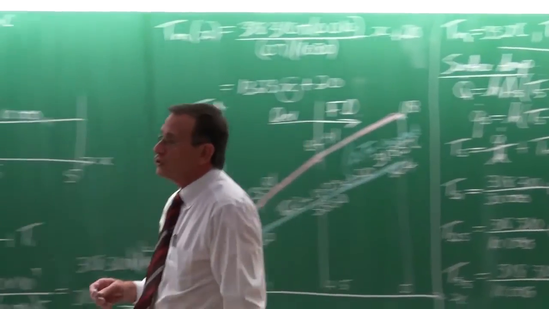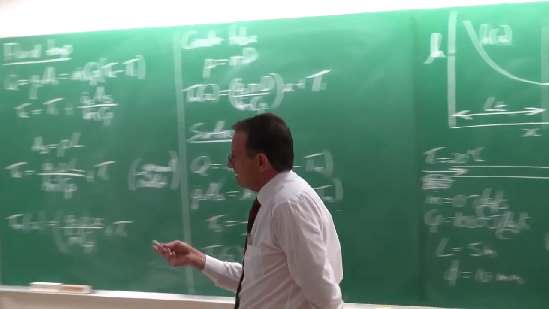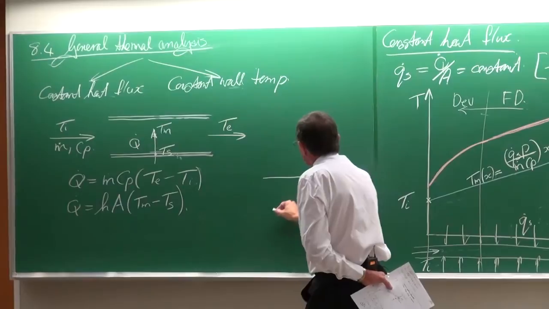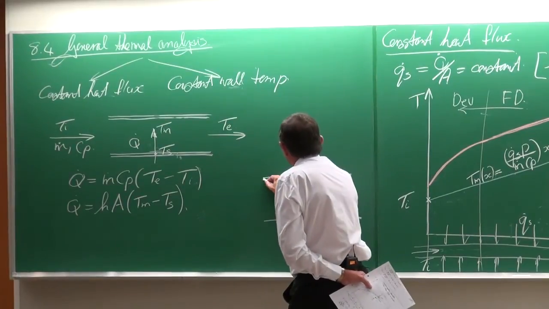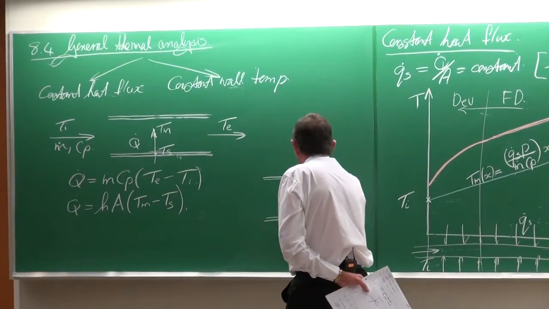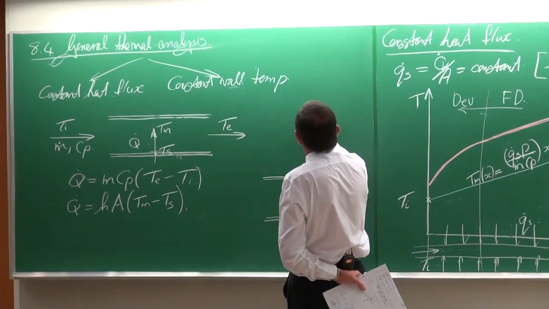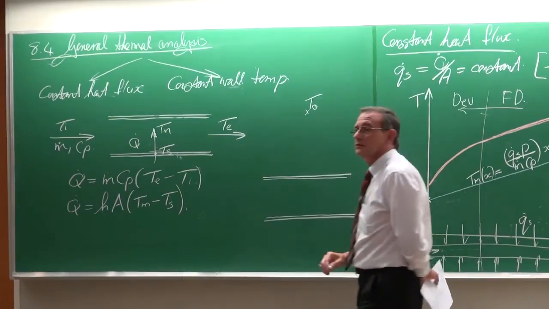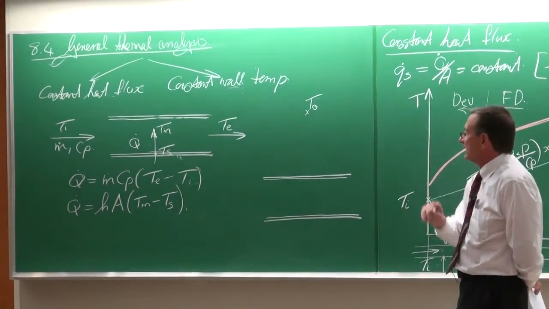Let me just explain to you why, in terms of also a question that I had yesterday. And that is that if you look at a tube, doesn't matter of the geometry, and here on the outside, let's suppose that is T0, the outlet temperature there.